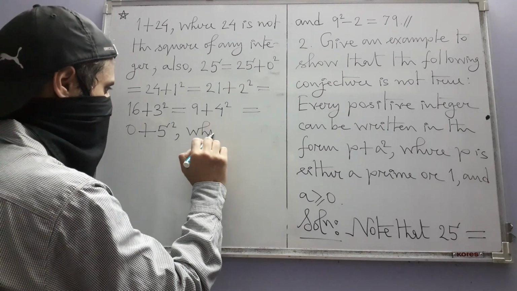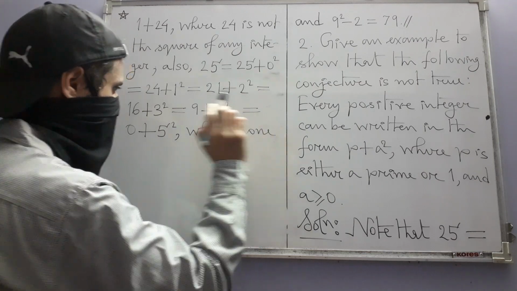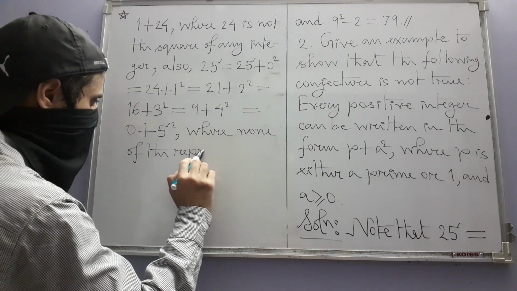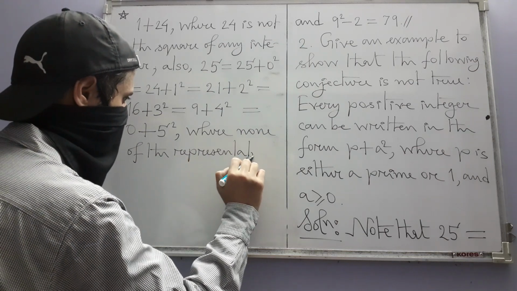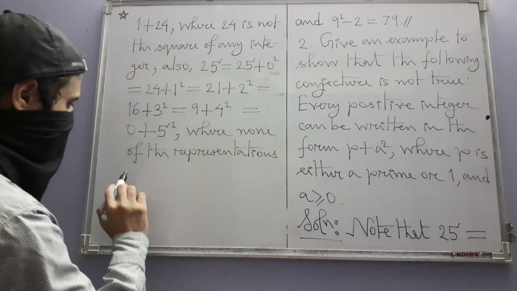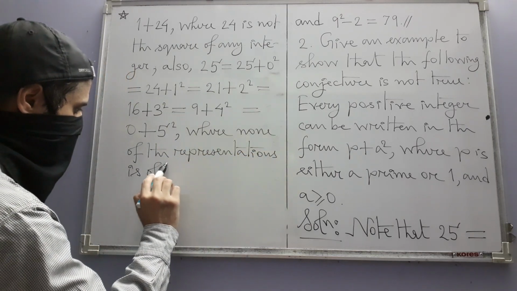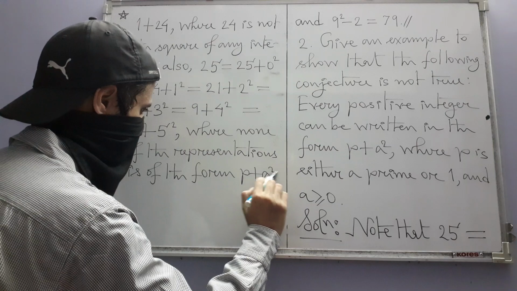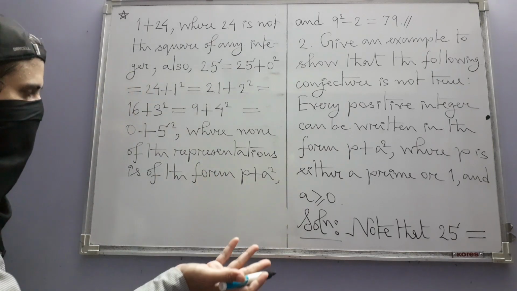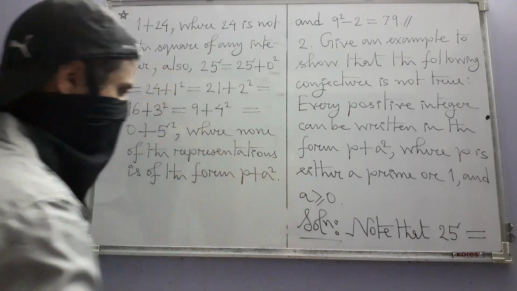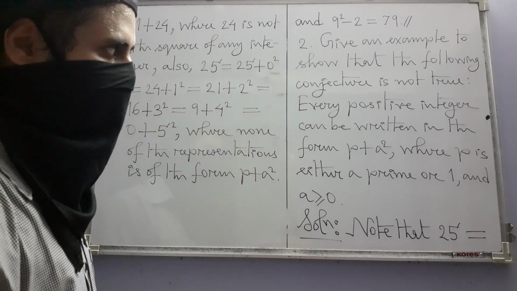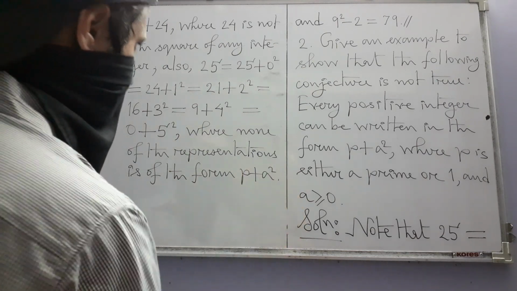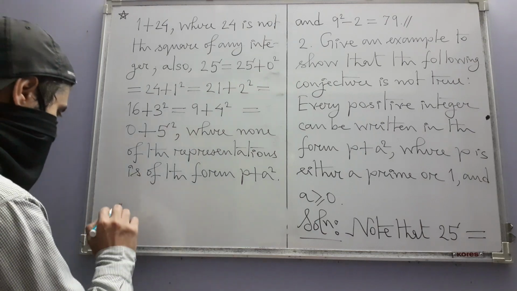Where none of the representations is of the form p plus a square, where we understand now what p is. So that's why 25 provides us with a counter example to this conjecture, and that's it. We were asked to find one such example and we have found it. Next.